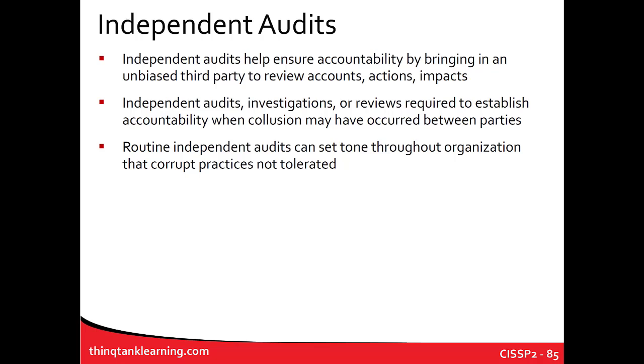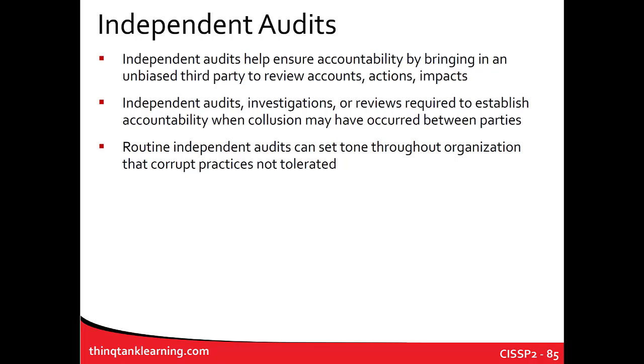We could have collusion, and that can undermine accountability. Independent audits bring in a neutral third party so we can review accounts and actions, validate impacts and outcomes, and it ensures transparency and ethical alignment.